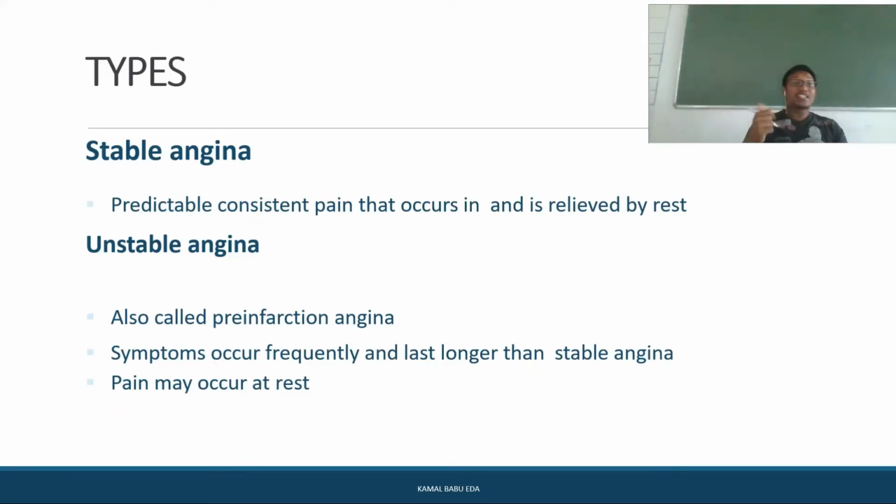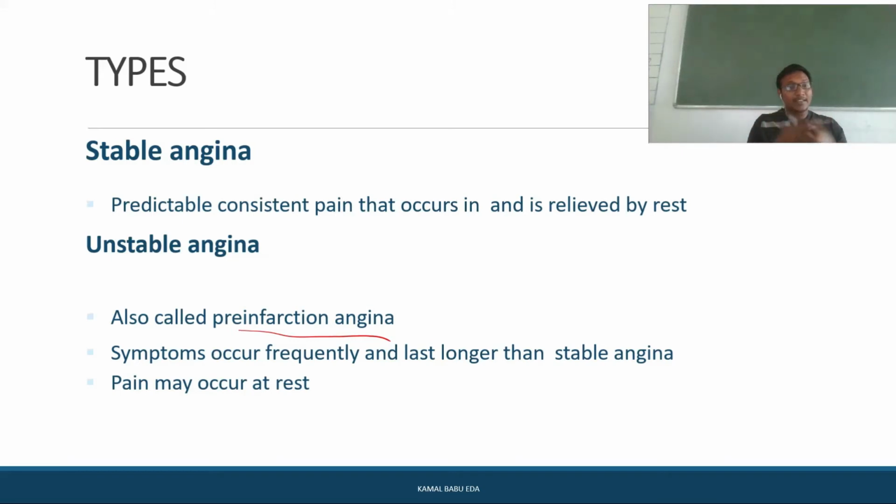In stable angina, it is predictable and you can have consistent pain, and if you take rest, the pain is relieved. But unstable angina is also called pre-infarction angina. Symptoms occur very frequently and last longer than in stable angina. In stable angina, if the person takes rest, the pain will go off.